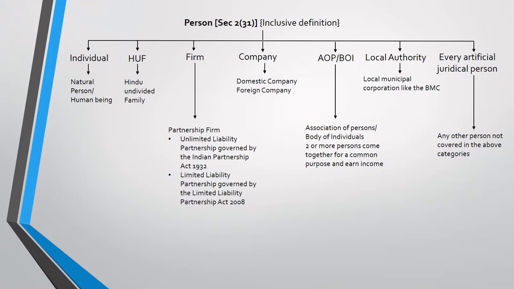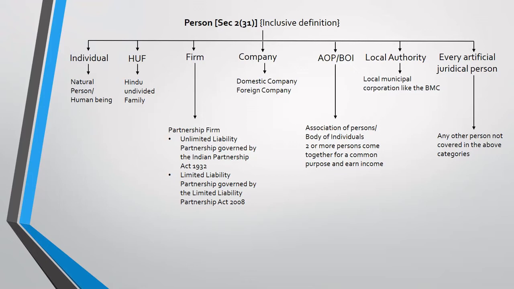So now this is when these 3 builders came together. Now it may so happen that one of the builders may be a proprietor and the other builders may be a firm and the third builder may be a company. So when these 3 come together, it is association of persons.